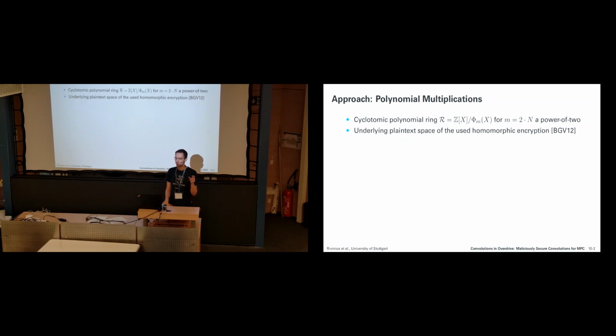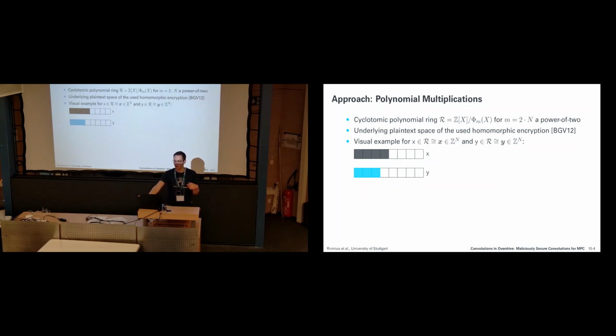So every time you multiply ciphertexts, you actually get one of these polynomial multiplications. And here, a visual example, if we assume these are two polynomials where the colored boxes are the non-zero coefficients, then to multiply them, we shift one of the operands cyclically and multiply the coefficients that are on top of each other and sum them up.